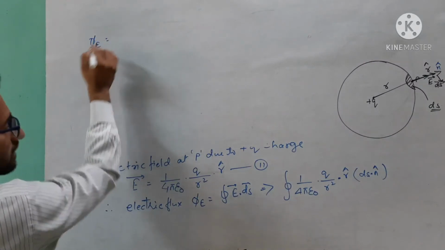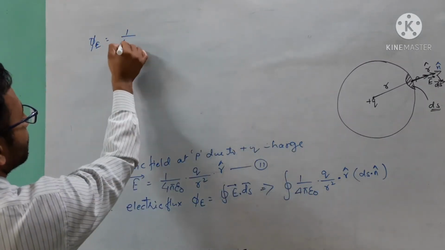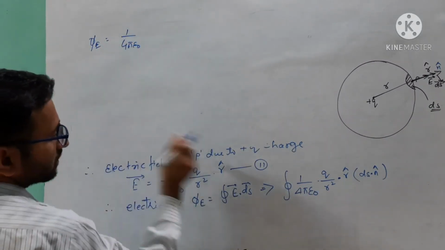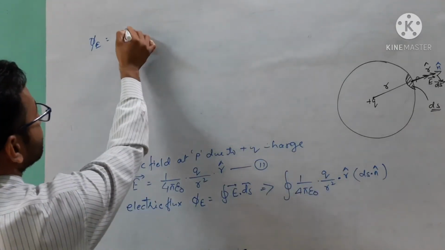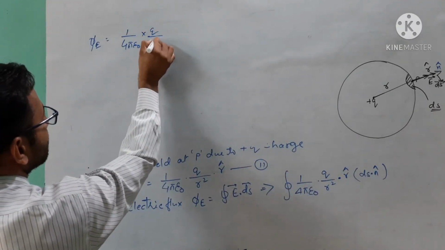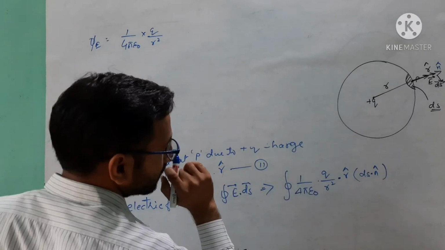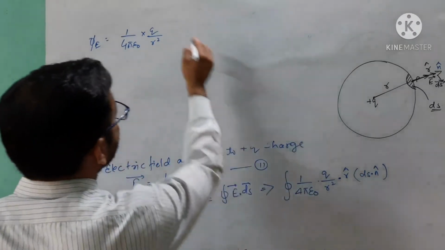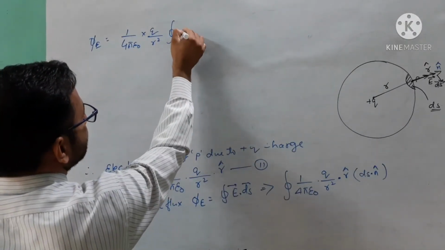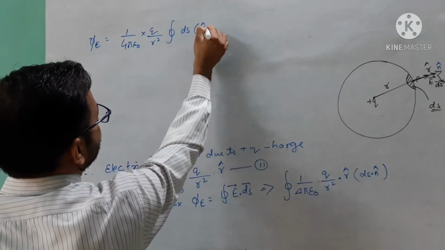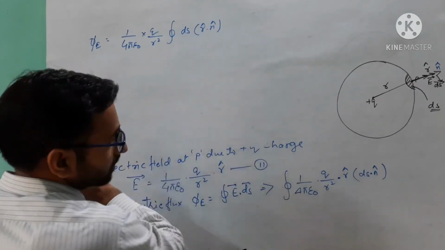Phi e is equal to 1 over 4 pi epsilon naught, q over r square, and here the surface integral of ds times (r cap dot n cap). Got it?